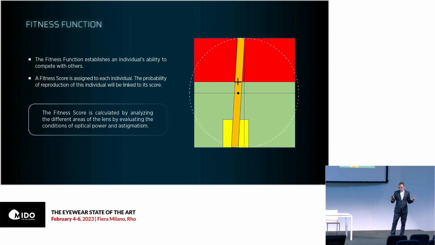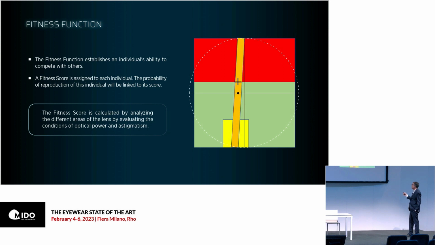But now what the designer needs to do is only define the fitness function. And the fitness function only uses 10 or even fewer than 10 parameters. So the original problem had thousands of degrees of freedom, and the problem now has fewer than 10 degrees of freedom. That is a very, very good advantage.